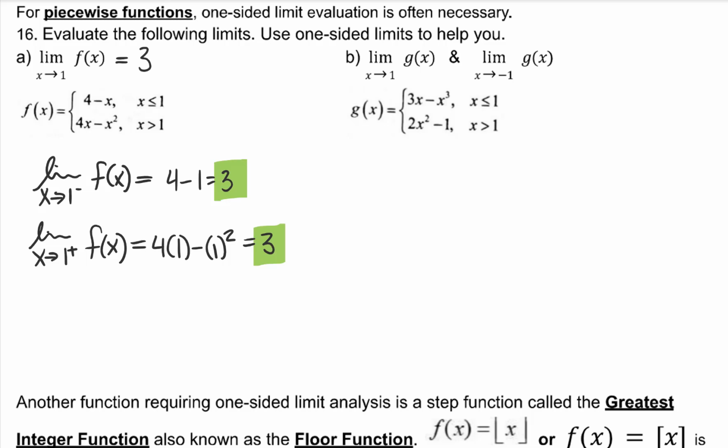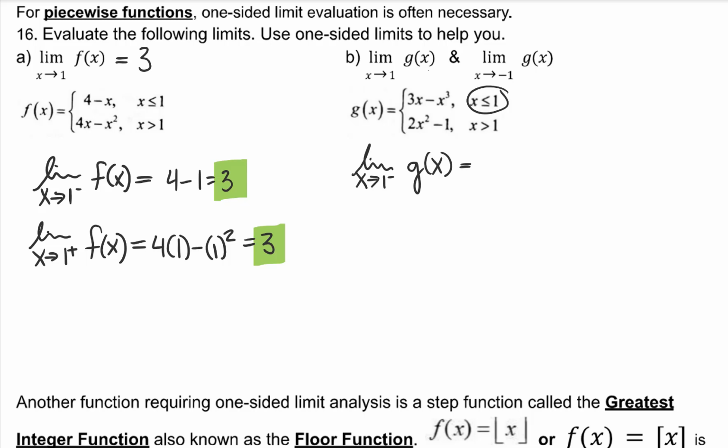To find the limit as x approaches 1 of g of x, we're going to do the same thing. 1 is, yes, our transitional value. Half of the function is defined to the left of 1, and half of it is defined to the right of 1. So to find the limit as x approaches 1, I'm going to take the one-sided limits and then see if they match up.